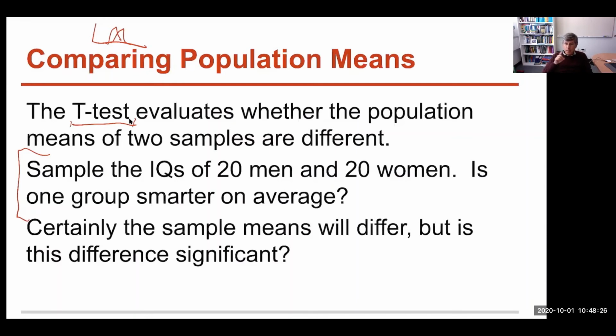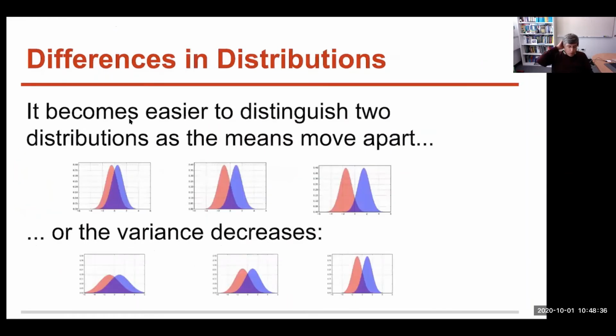There's going to be a difference almost certainly, but the question of whether it means something is what we would like a t-test to do. So how can we tell whether two distributions are the same thing? One of these might be male IQs, one of them might be female IQs, or male height, or female height, or lifespans of people who took drug A and lifespans of people who took drug B.